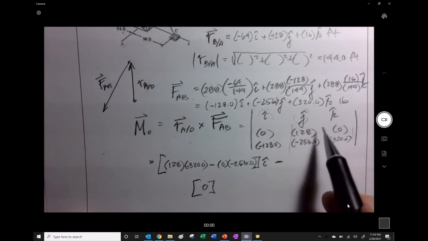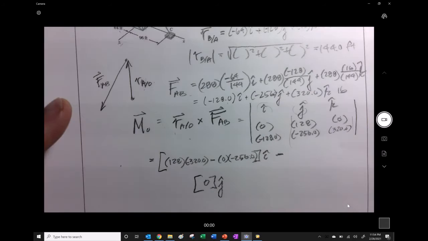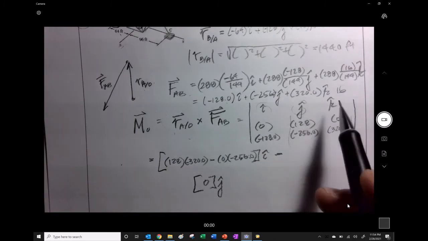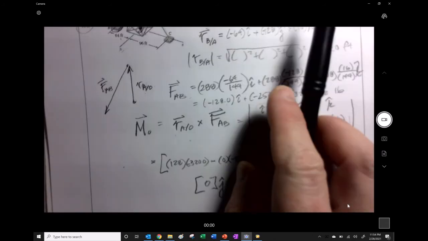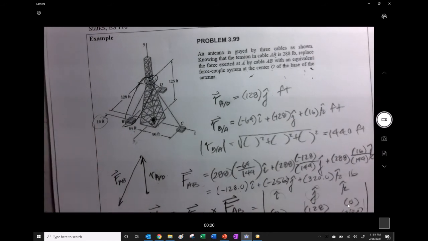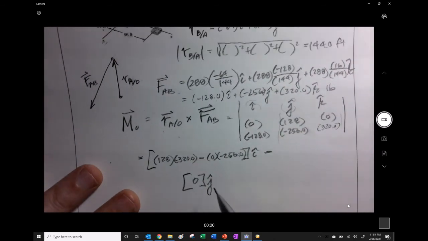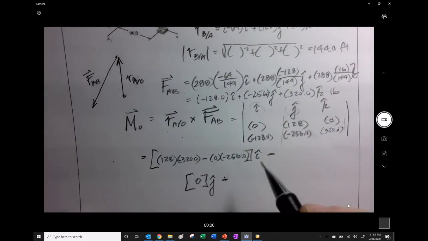Woo, 0. We didn't have to do anything. That's great. One thing you can see is that the cable is incapable of making this thing spin. The cable didn't apply any kind of moment to make the thing spin. Therefore, it's got no moment about the Y.